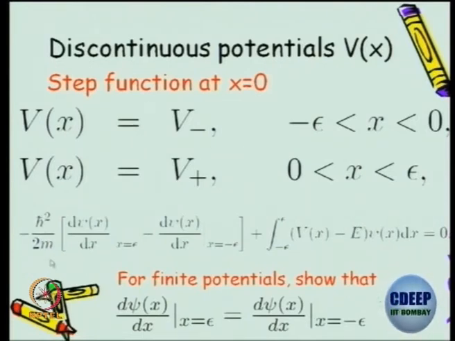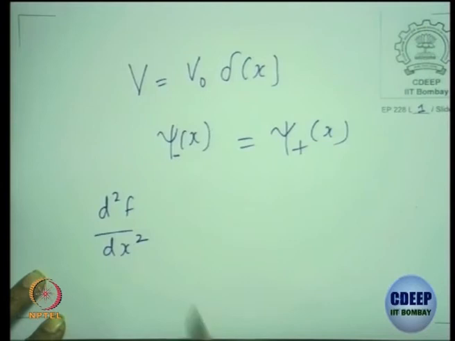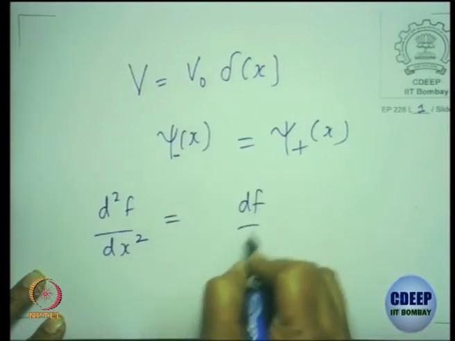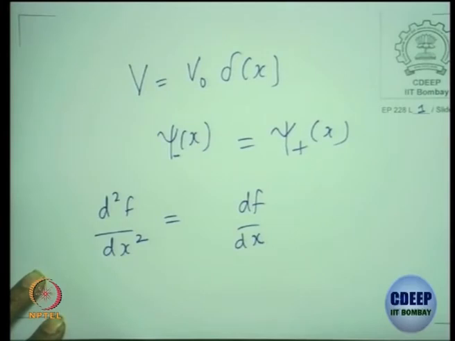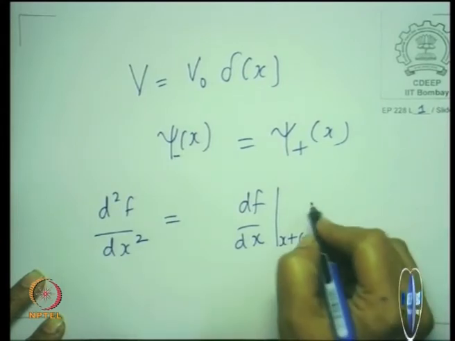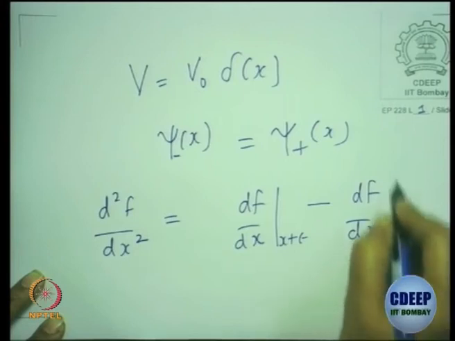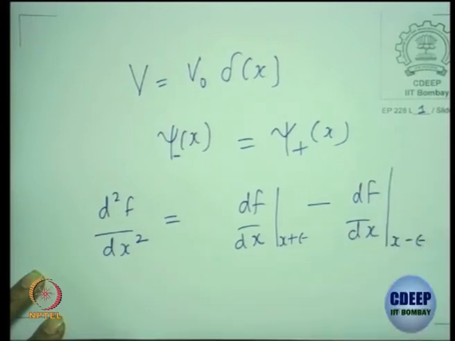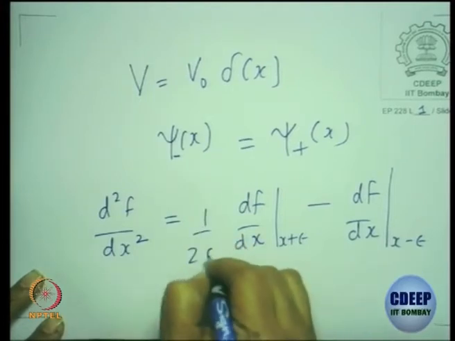If you take the Schrodinger equation and write the double derivative as the difference between the single derivatives divided by 2 epsilon, and integrate over dx. So, d squared psi by dx squared, how will you write this? df by dx evaluated at x plus epsilon minus df by dx at x minus epsilon, divided by 2 epsilon.